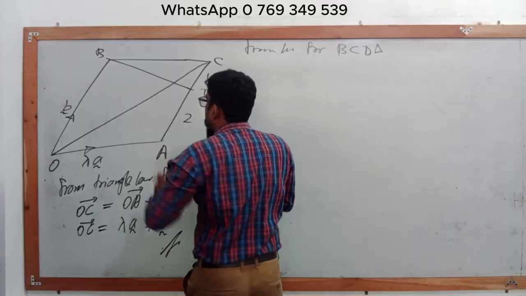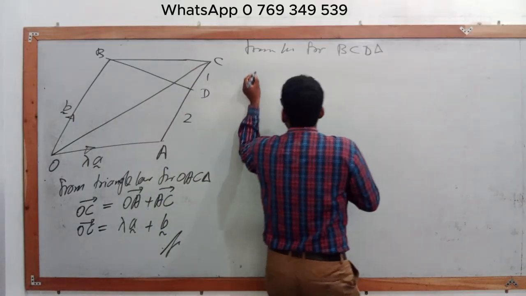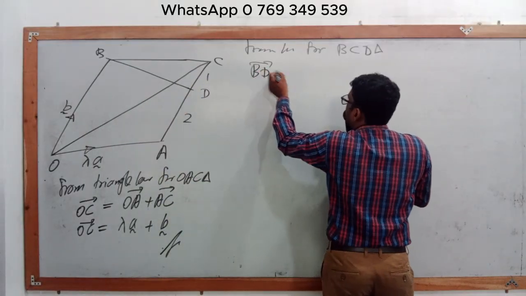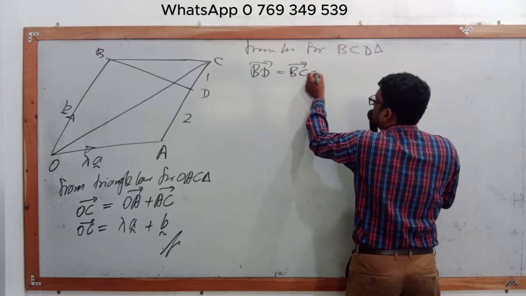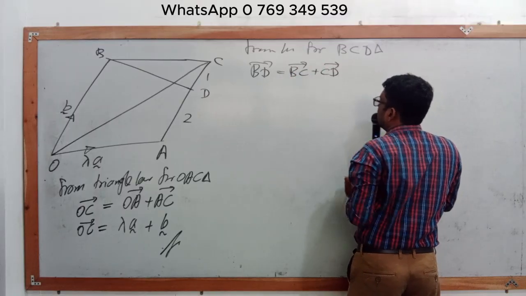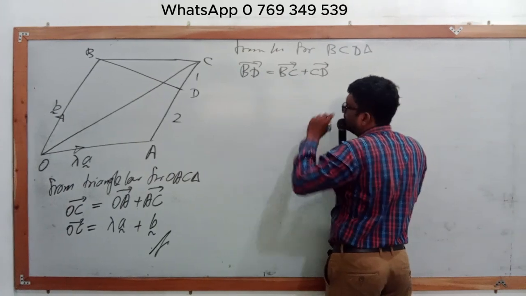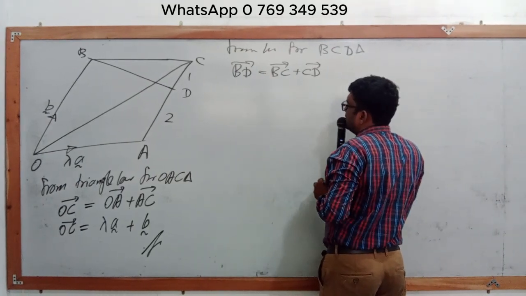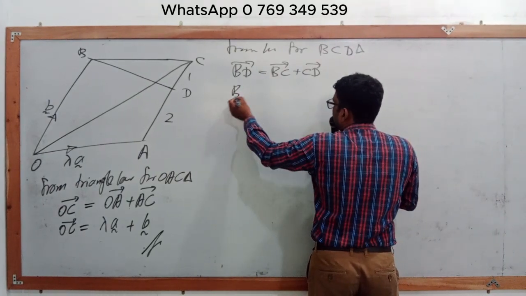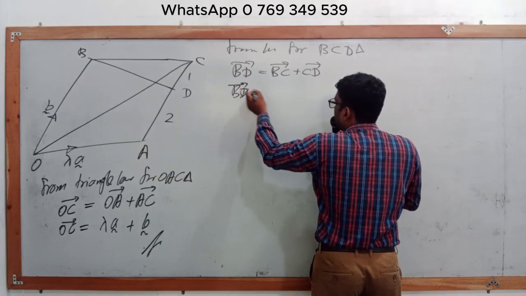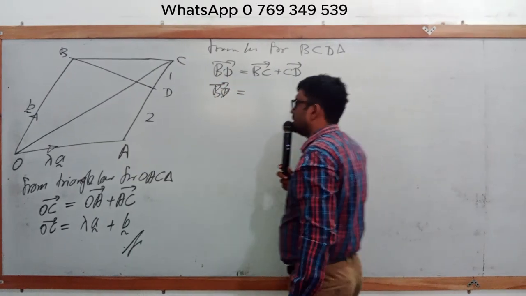Yes, BD equals BC plus CD. BD equals BC plus CD, same thing, right? Here's BD, and BC. Same thing.